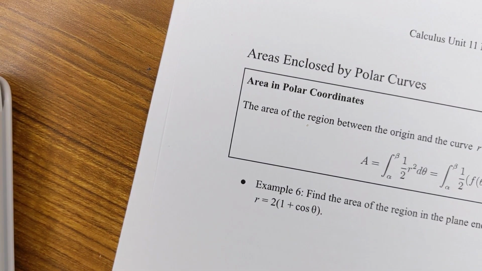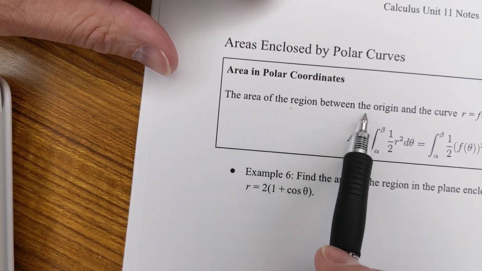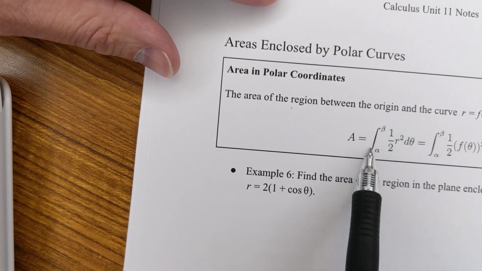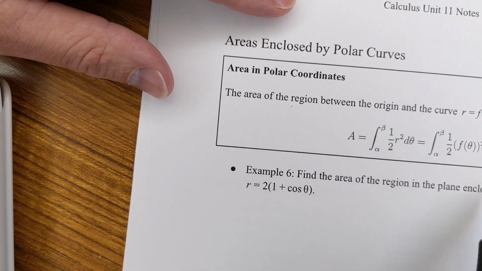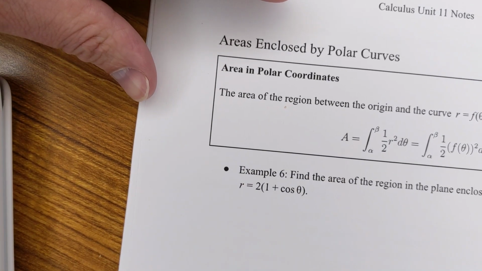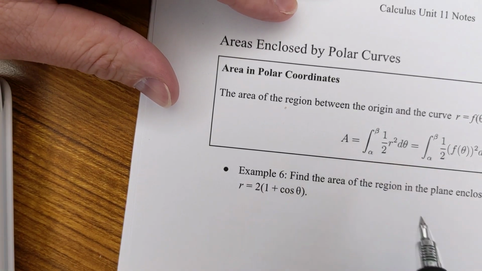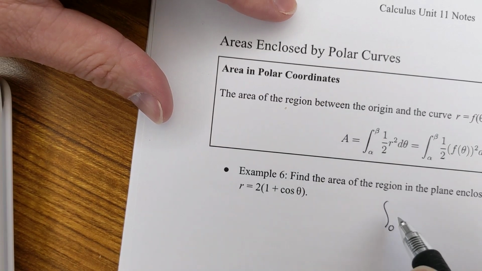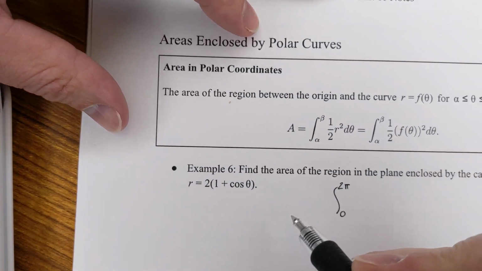Okay, so you've got areas enclosed by polar curves. The area of the region between the origin and the curve r, from angle alpha to angle beta, is given by this. So find the area of the region in the plane enclosed by the cardioid, r equals 2 times 1 plus cosine theta. So we have 1/2 r squared as our formula, from 0 to 2 pi, since normally they take a full cycle.